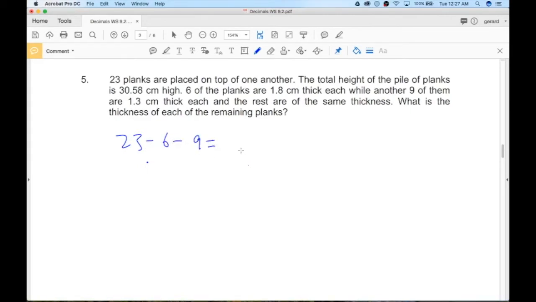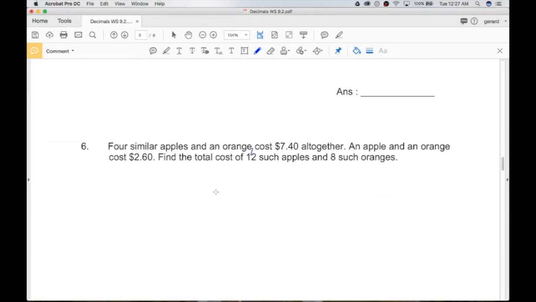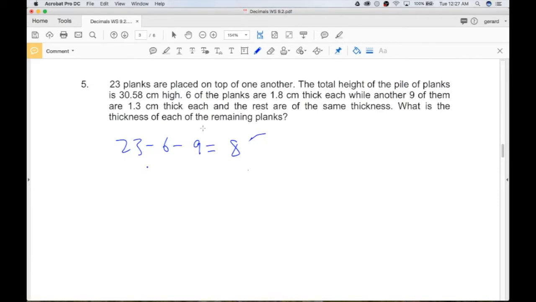That should be equals to 8. So these 8 planks are what is left.